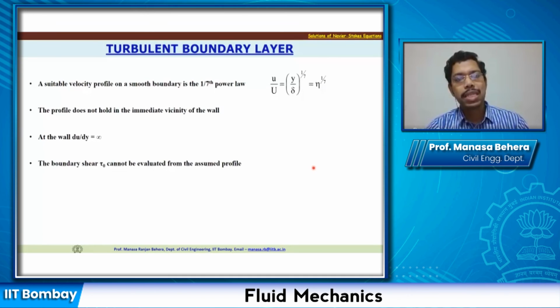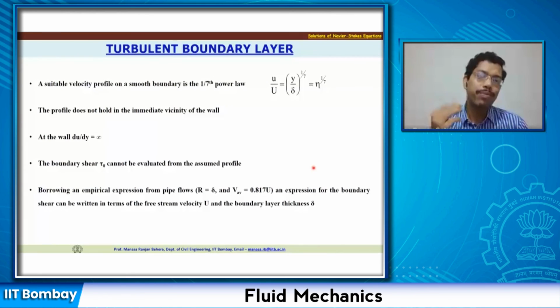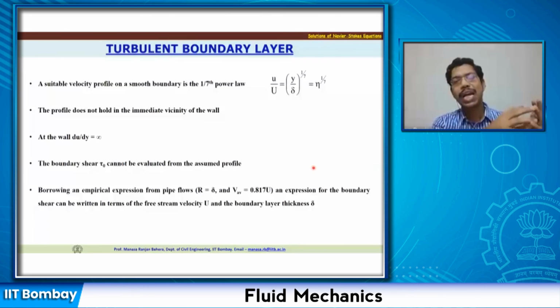And the boundary shear tau 0 cannot be evaluated from the assumed profile that we have shown here. So borrowing an empirical relation from pipe flow, we have not discussed those things so far, but we can just take it as a concept. Borrowing that expression from the pipe flow where r equals delta.